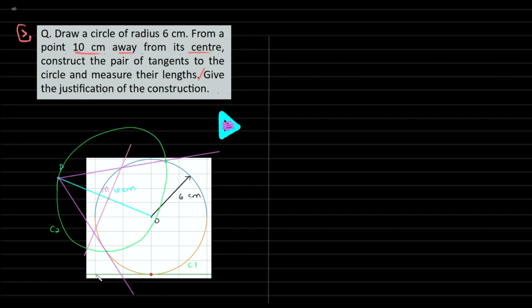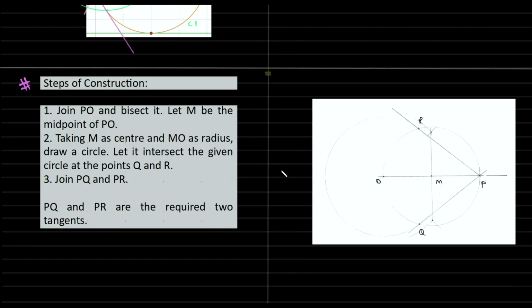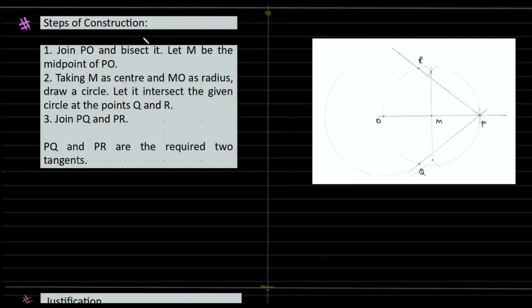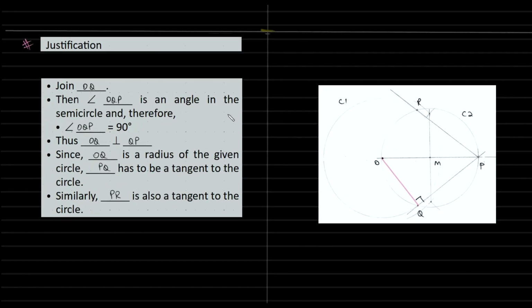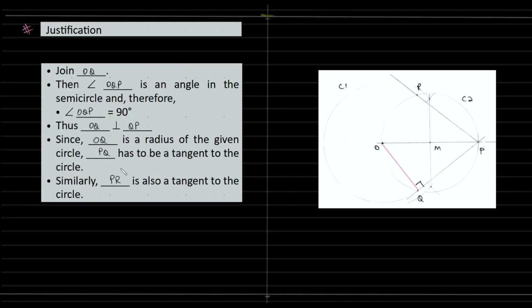Always decide on how we are going to draw and then start the construction. Try to keep your steps of construction to a minimum. At the same time, start labeling your diagram as well so that these two match. Then for justification, use the diagram again. Don't redraw anything. Don't draw a rough diagram either.